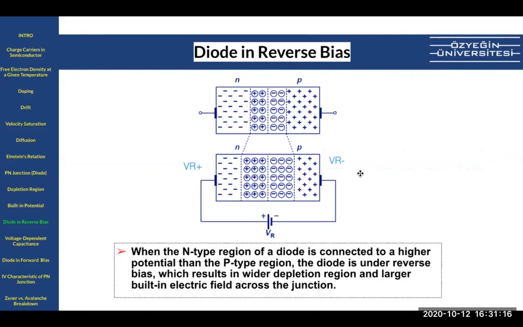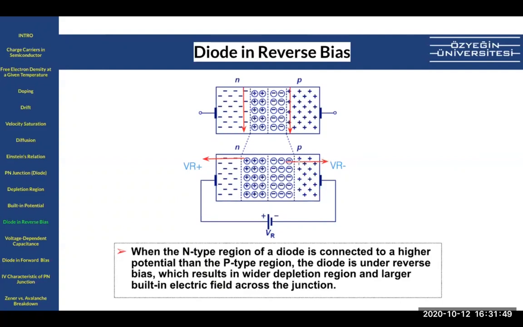Okay, so this plus voltage will attract a lot of electrons. So all these electrons in this region will flow towards the plus. And similarly, the minus voltage will attract a lot of holes. So all these holes in this region will start to flow towards the minus.